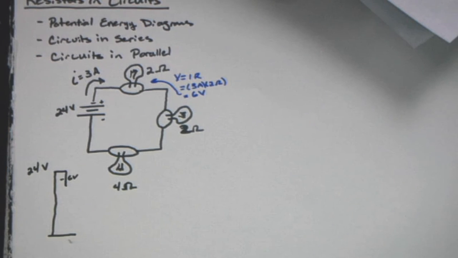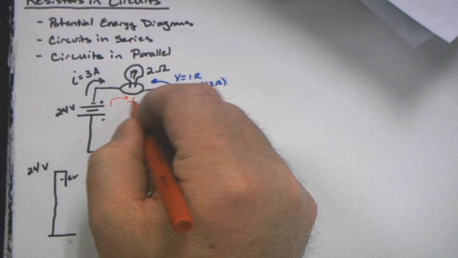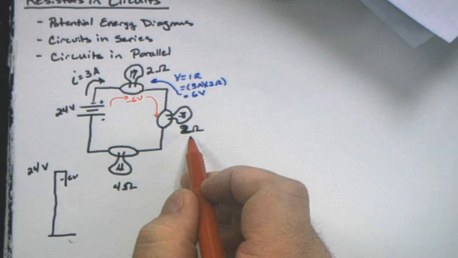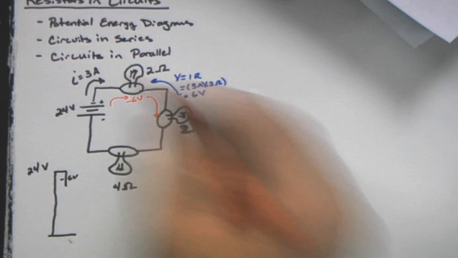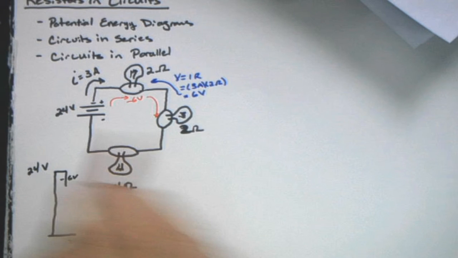All right, then we go to the next one. Okay, we come to this guy. This is also another 2 ohm resistor. Well, if the current is the same, and the current's always the same through any particular loop, no matter where you are in a loop, the current is the same through that loop.